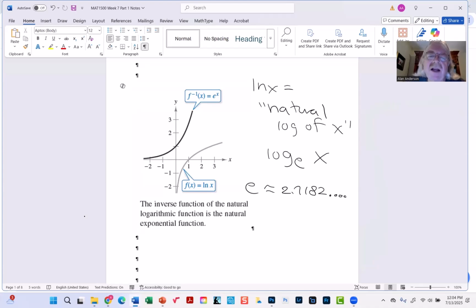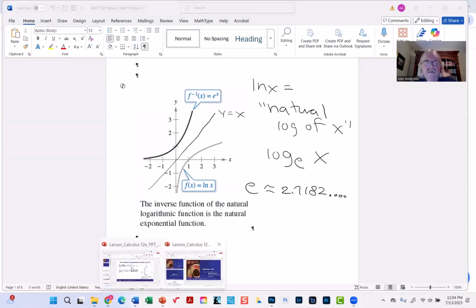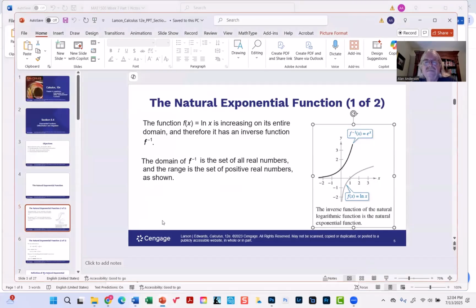And so you can see by the graphs, as we saw in the previous section, there will be symmetry around the line y equals x because the two are inverses of each other. And of course, that implies that the domain of one is the range of the other and vice versa, since they are inverses.